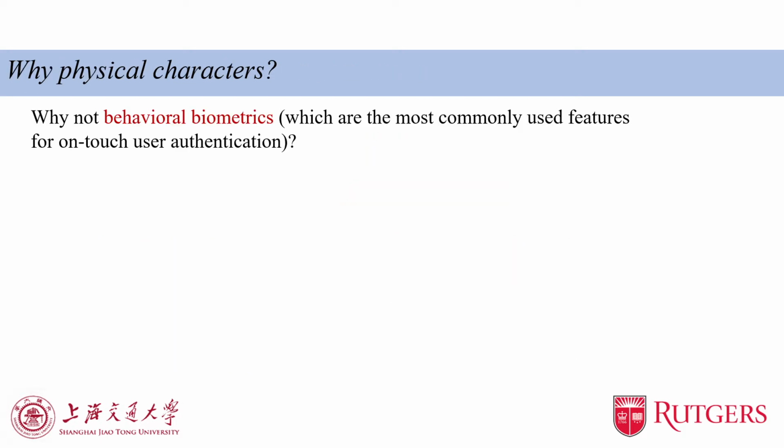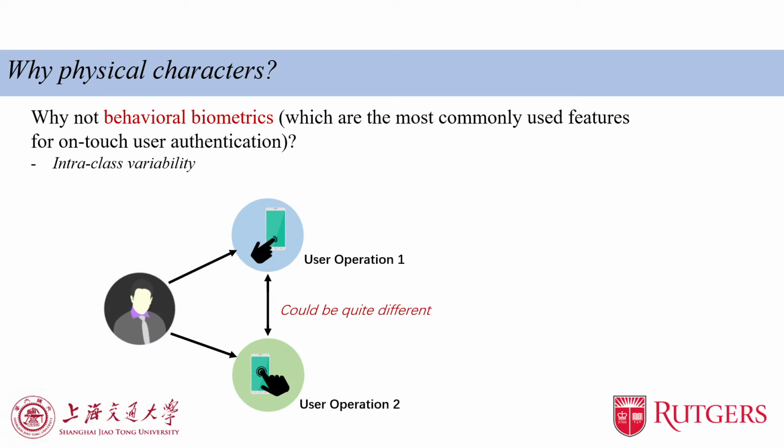So, why are we using only physical characters? To answer the question, we first show why we do not use behavioral biometrics. There are two drawbacks of behavioral biometric-based user authentication in this case. First is intra-class variability. That is, a user could perform the touch behavior quite differently in two separate operations.